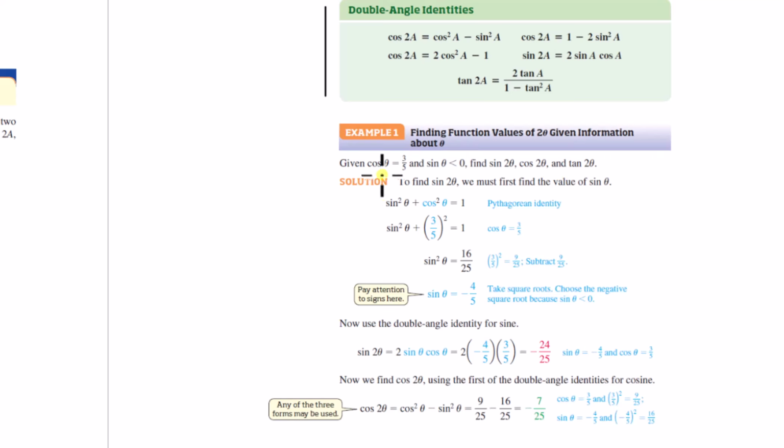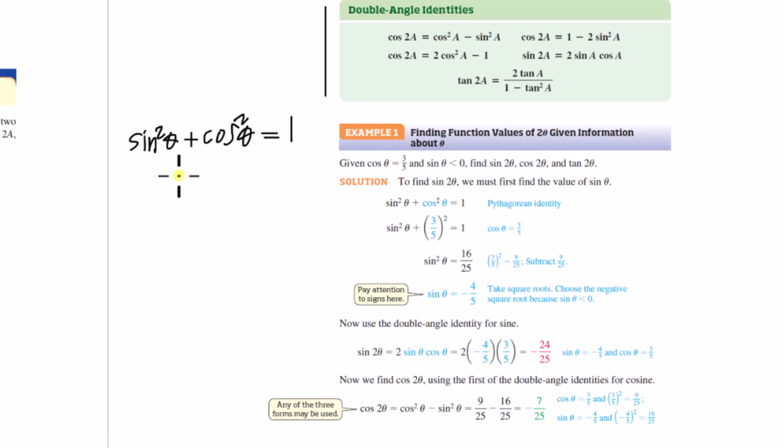So there's multiple ways we can approach this, but we've worked similar problems like this in the previous sections. We could use the Pythagorean identity relating sine and cosine to solve for sine theta. Why not start there? Normally you couldn't do this, but since they give us the sign of sine theta, they tell us it's negative, then we can do this.